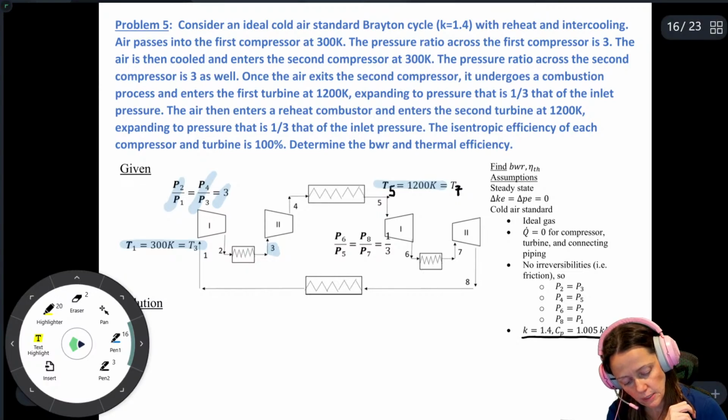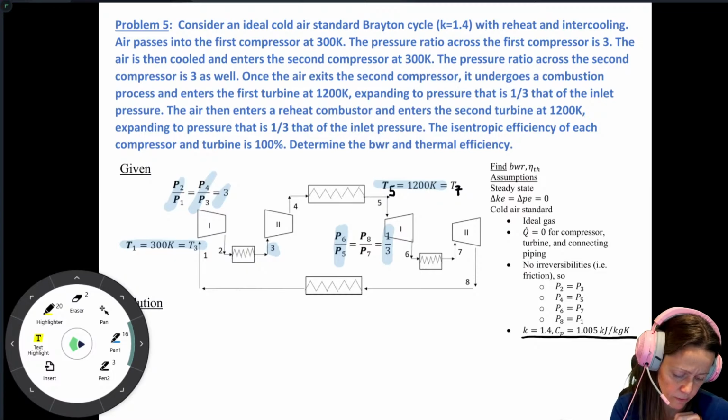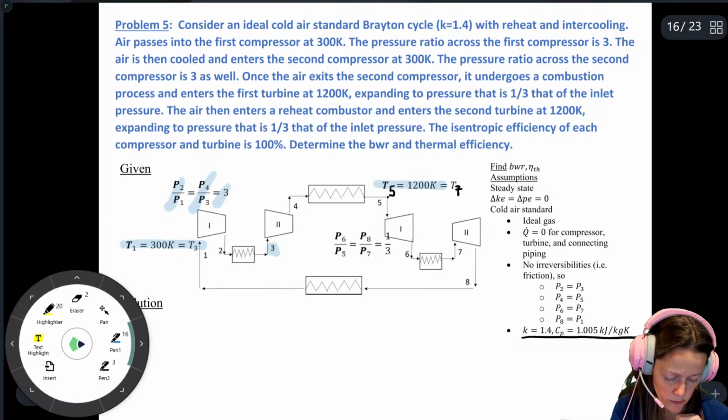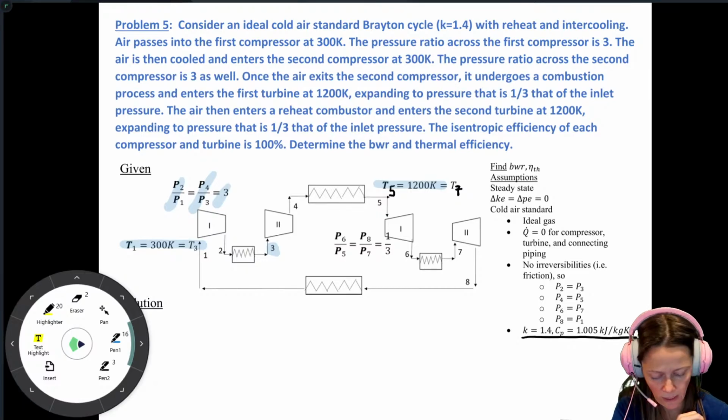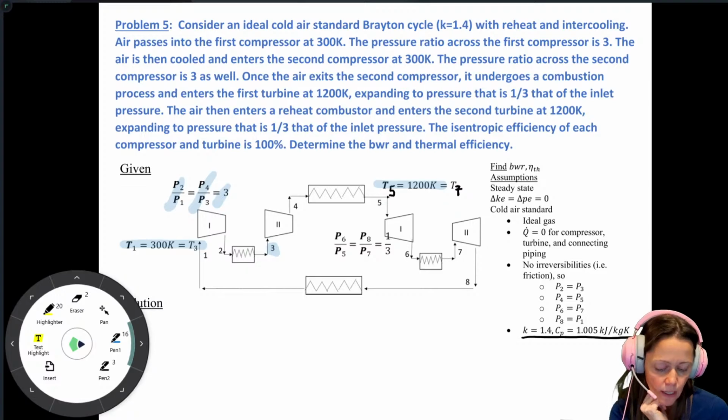So what that means is the pressure ratio between 5 and 6 is 1/3. I should put that as P6 over P5, yeah, it would be 1/3.